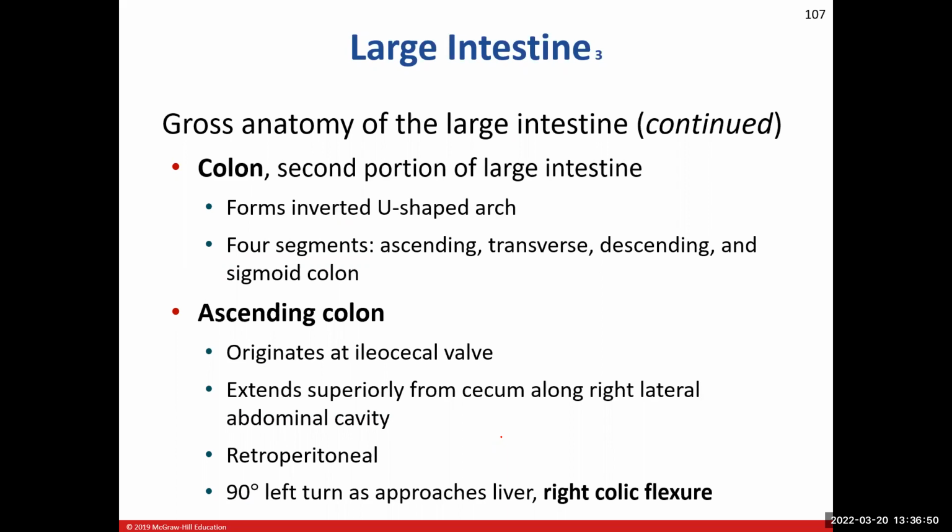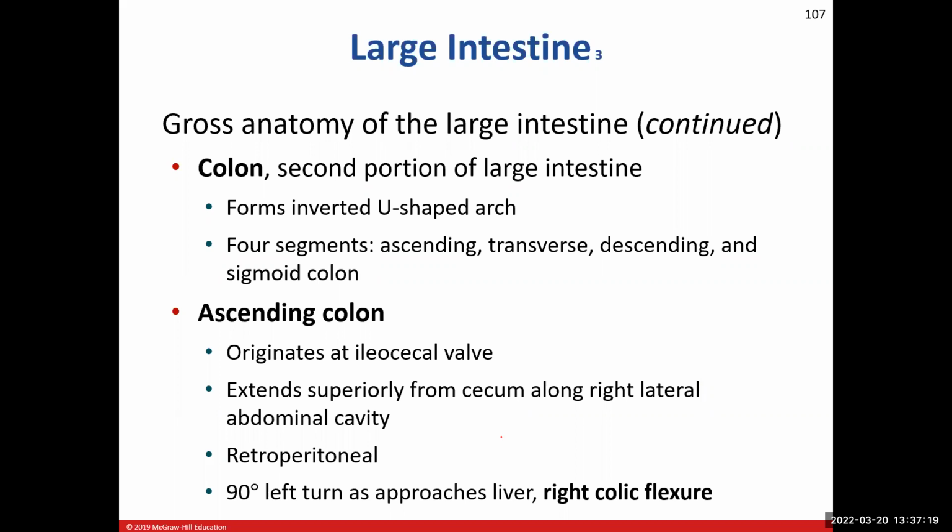Now, as we move through the different portions of the large intestine, we're going to alternate retroperitoneal regions and intraperitoneal regions. We just started off with an intraperitoneal region, the cecum and the vermiform appendix. Now we're going to see our next section of the large intestine, which is the ascending colon.